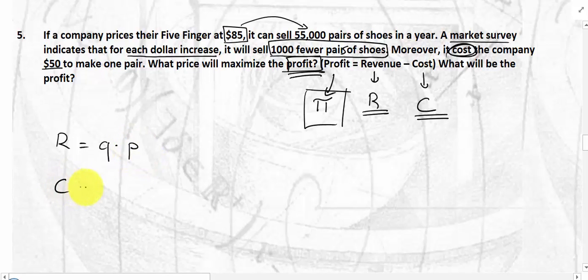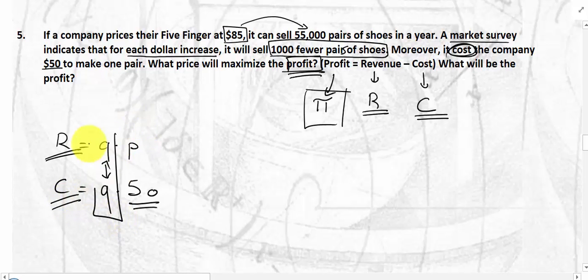C is the number of shoes I'm making. We're going to assume it's the same as the number of shoes you're selling. It's Q times what it costs me to make one pair of shoes, and that is $50. So I need to multiply the number of shoes I'm making by 50. Let's go find R and C, and for that we need to determine the quantity in function of the price.